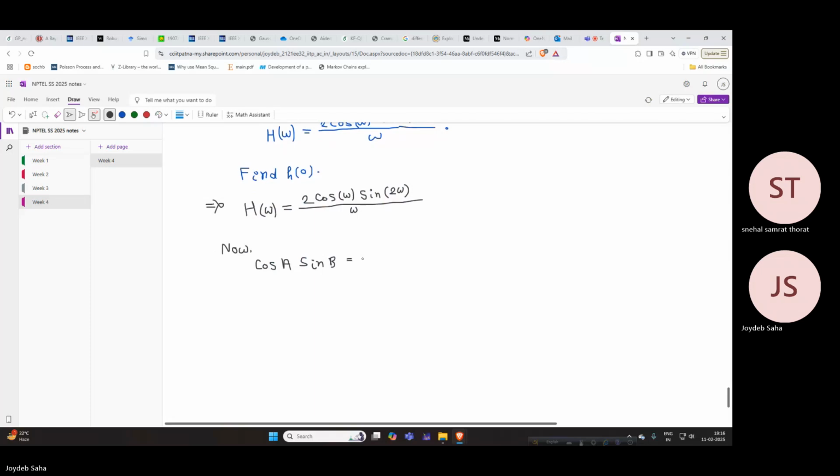That is 1 upon 2, sin A plus B minus sin A minus B. Is this clear to everyone up to this step?